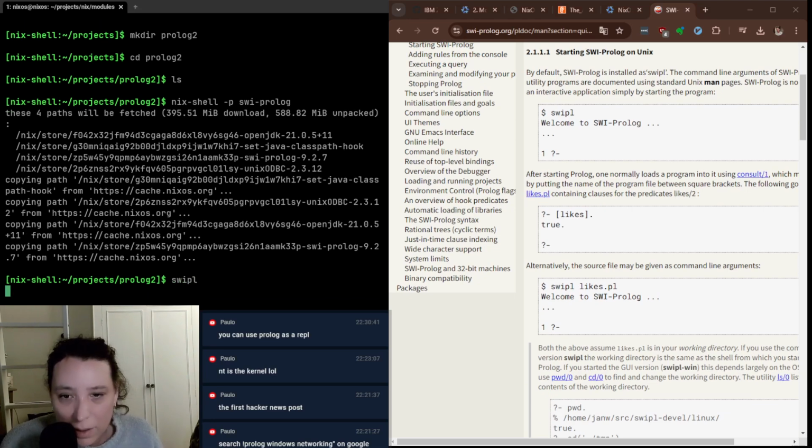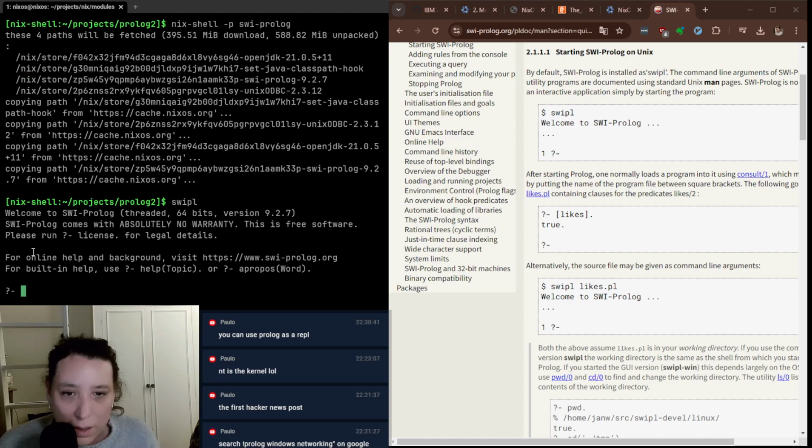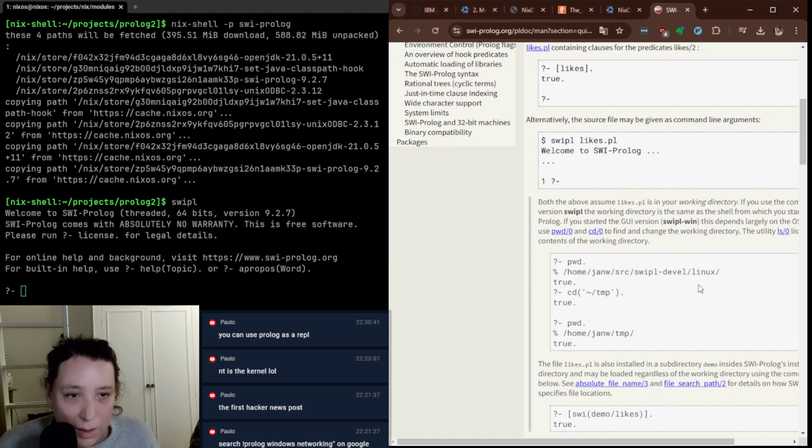SWIPL. Wow, it takes a while to start up Prolog. What's it doing? All right, here we go.